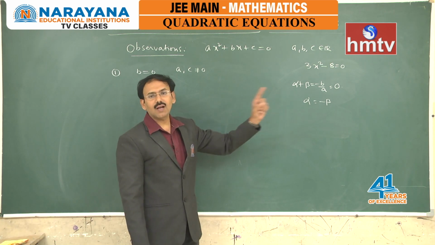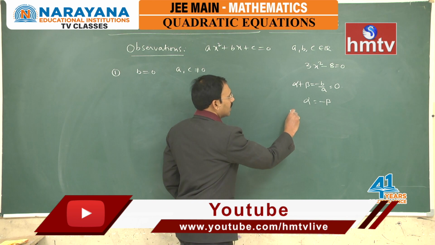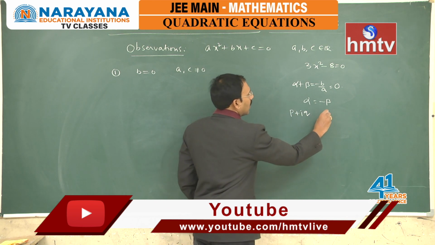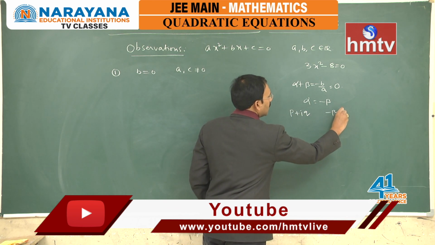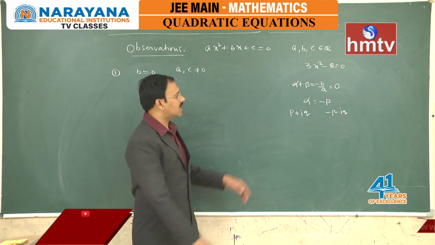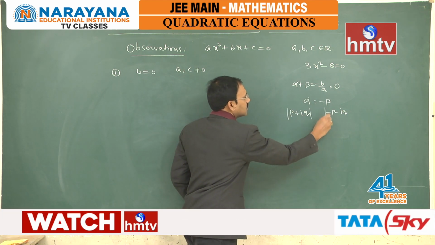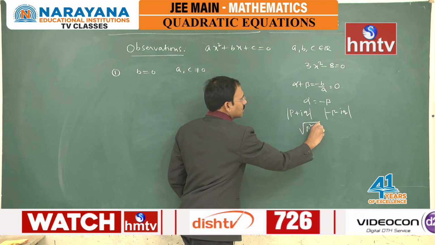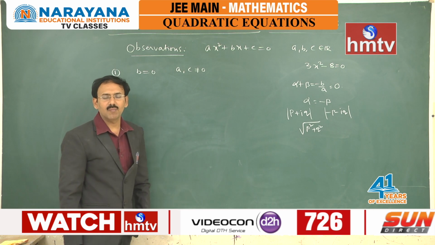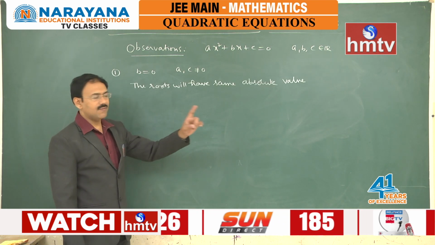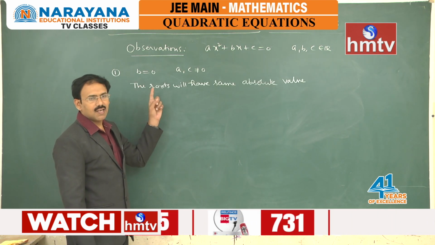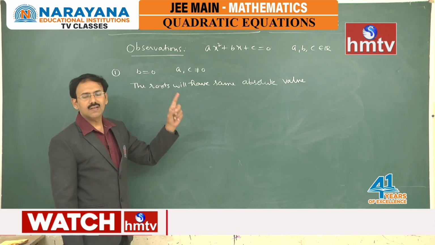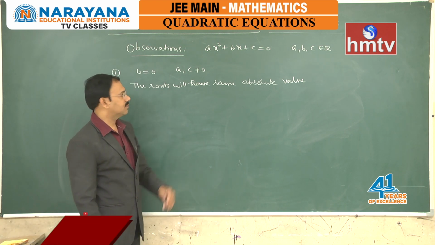If alpha, beta are complex, then if one is p plus iq, the other would be minus p minus iq. Even in this case, they will have the same absolute value, that is root of p square plus q square. That is observation number 1. Hence in this case the roots will have the same absolute value.